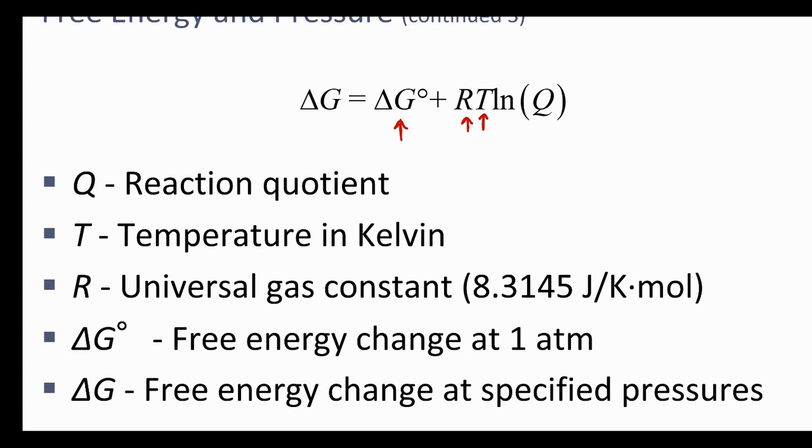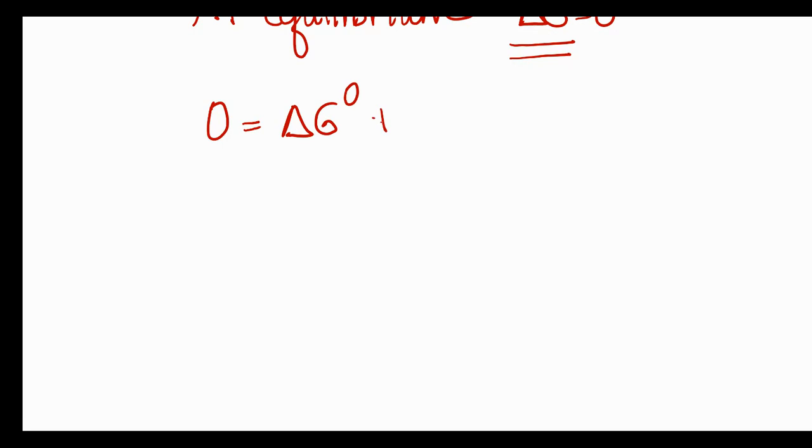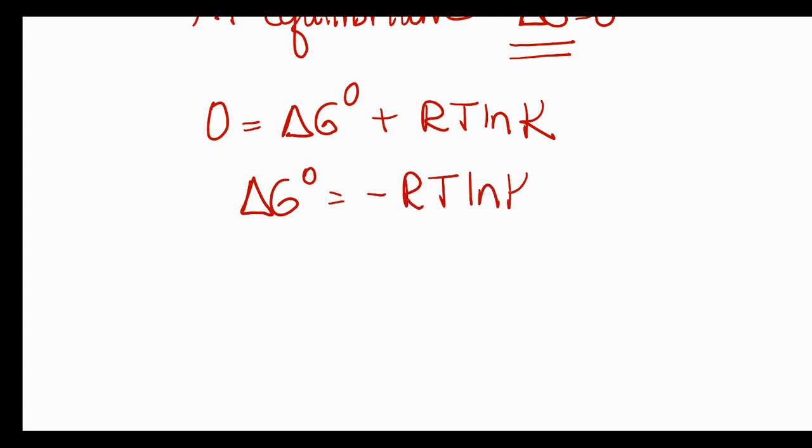Okay, so the other thing that comes up is that then if we're at equilibrium, delta G is 0, non-standard. Okay, so 0 equals delta G naught plus RT ln K. Delta G naught equals negative RT ln K.